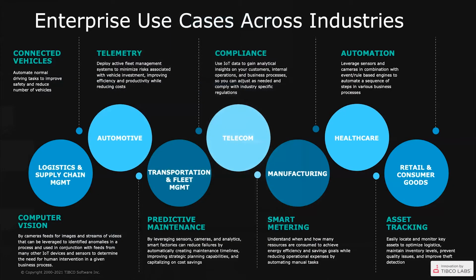So as you'll start seeing when we talk about some of the capabilities, Project Air can be deployed pretty much for any industry for a wide range of use cases. It's extremely horizontal. So whether you are in manufacturing, healthcare, retail, transportation, logistics, and whether you want to use edge analytics for smart metering or computer vision or telemetry, Project Air can definitely help you.